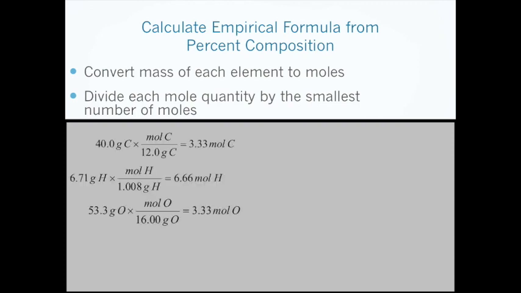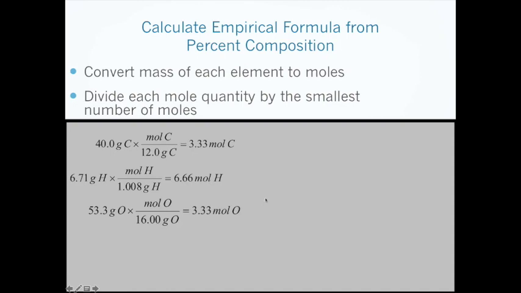So in this case, 40 grams of carbon times 1 mole of carbon per 12 grams of carbon gives us 3.33 moles of carbon. 6.71 grams of hydrogen times 1 mole of hydrogen per 1.008 grams gives us 6.66 moles of hydrogen, and 53.3 grams of oxygen times 1 mole of oxygen divided by 16.00 grams of oxygen gives us 3.33 moles of oxygen.